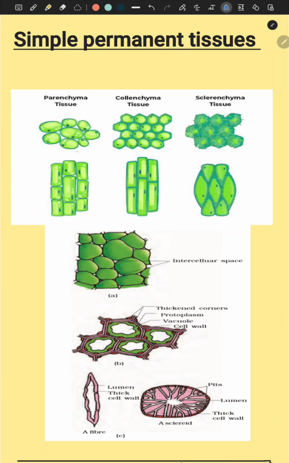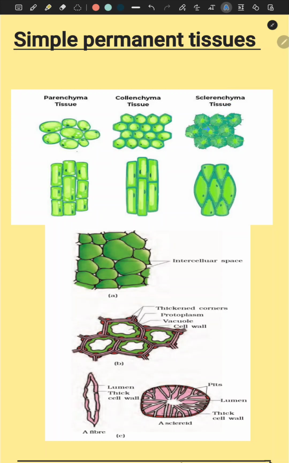The most distinguishing characteristic of collenchyma tissue is that the corners of the collenchyma cell walls are thickened with extra cellulose.